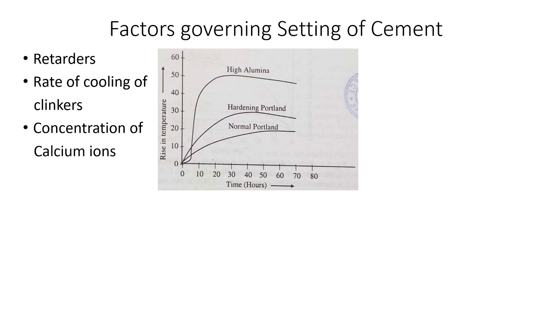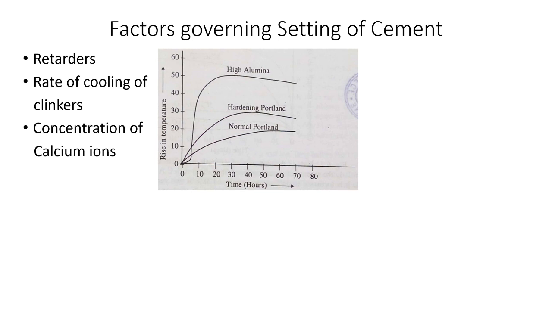The next is the concentration of calcium ions. Calcium salt increases the solubility of calcium silicate and decreases the solubility of calcium aluminate. So that is the role of calcium salt. The pH of the solution is reduced so that precipitation of hydrated calcium aluminate is prevented, and a precipitate of aluminum hydroxide is formed.